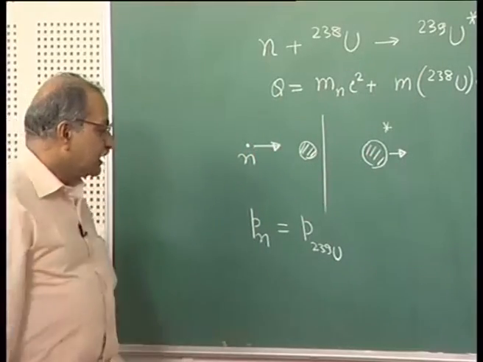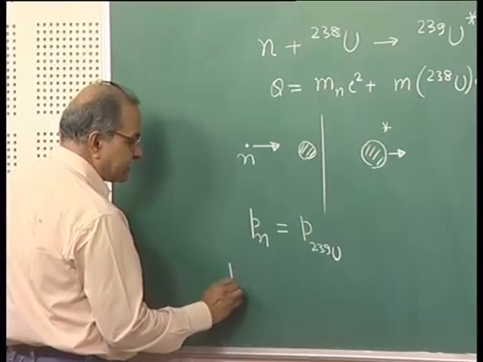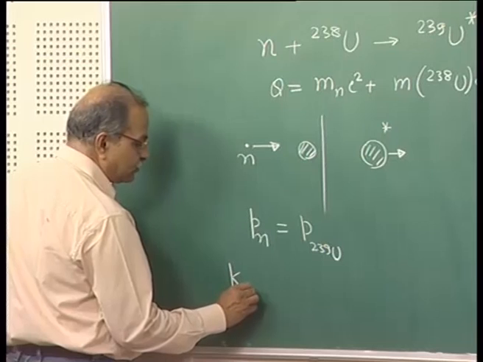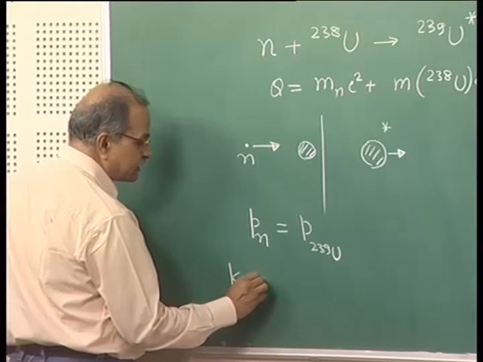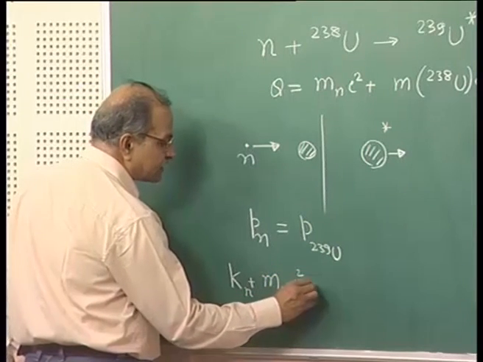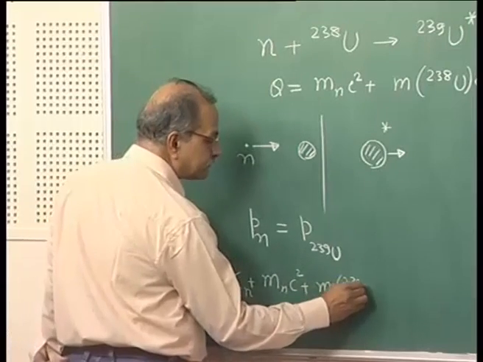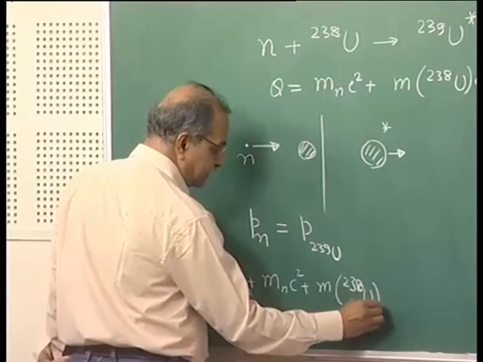So, this is one, and then we can write the energy: kinetic energy of this neutron plus rest mass energy of this neutron, plus rest mass energy of this uranium 238, c square.